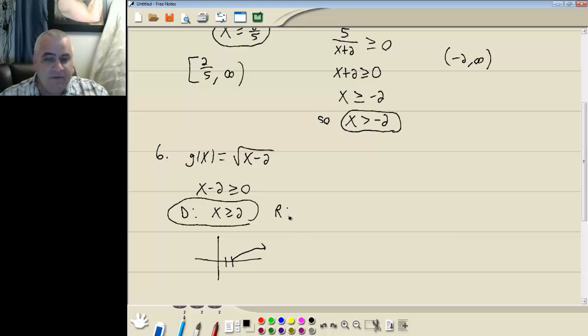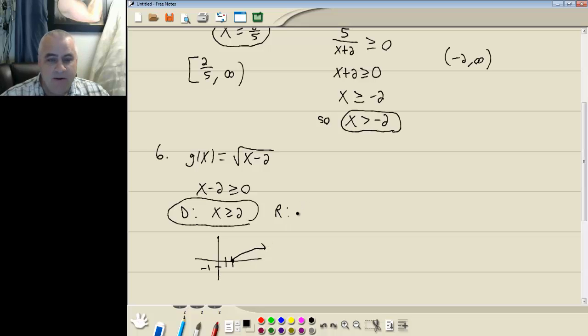Okay, they're also asking us to find our range. Our range is our y values where a graph exists. If I come down here, for example, at y is equal to -1, if I go left or right, I don't find my graph anywhere. The lowest point on my graph is right here, which is y is equal to 0. So 0, and then you see it's going up.